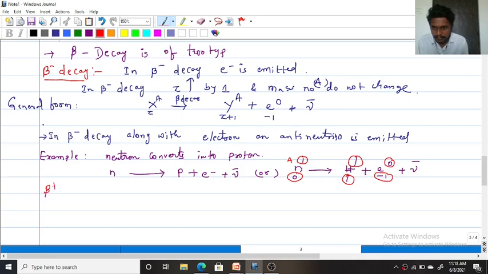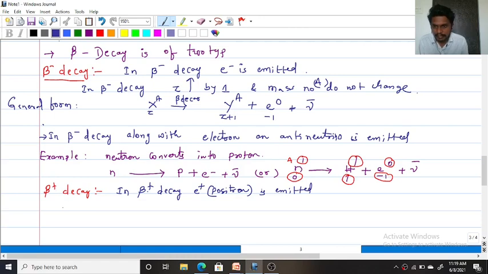In beta plus decay, a positron, e plus, is emitted. This is the anti-particle of the electron. It has the same properties as the electron, but the charge is positive, so a positron is emitted.